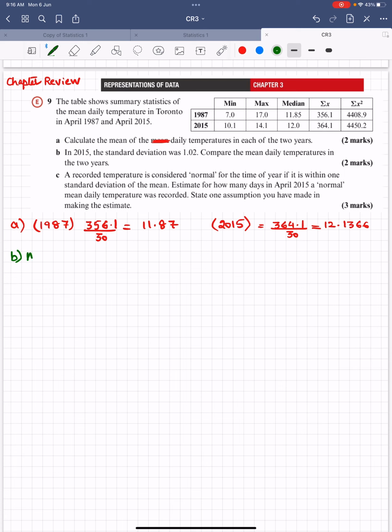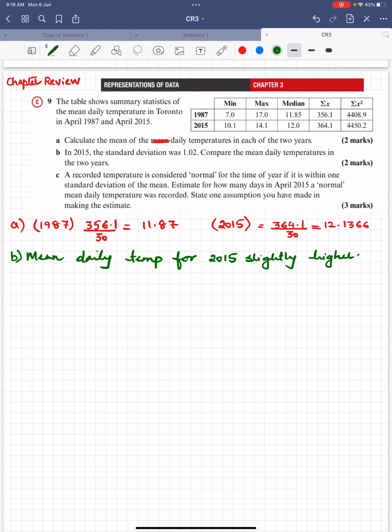Mean daily temperature for the year 2015 is slightly higher.